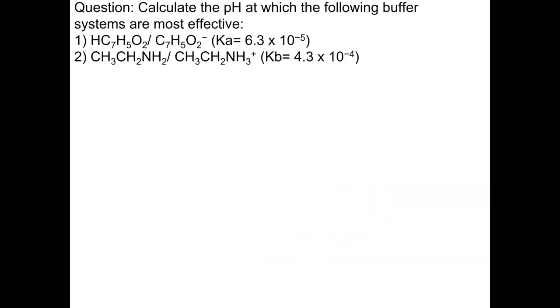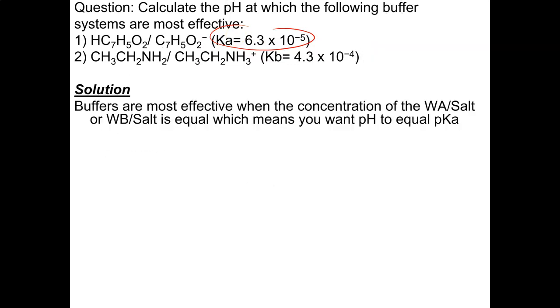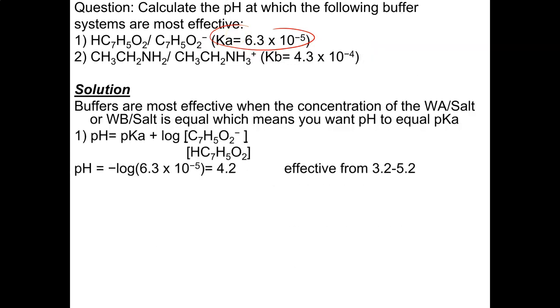All right, so calculate at which pH the following buffers are the most effective. Remember how we said the buffer works plus or minus 1 in its most effective range. So how do you determine that range? Really easy. Take the negative log of that number. That's your range. So for the first one, you assume the concentrations of these two are equal, because remember, a buffer is the most effective when they're in a 1-to-1 ratio.